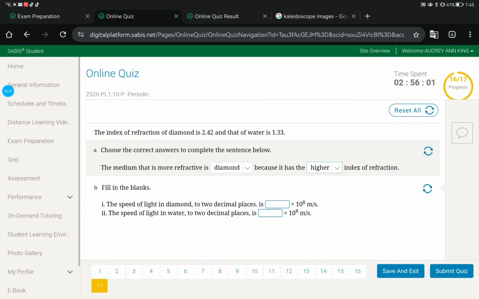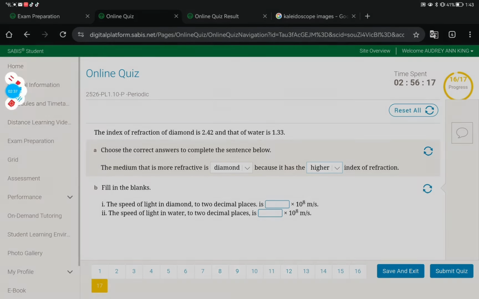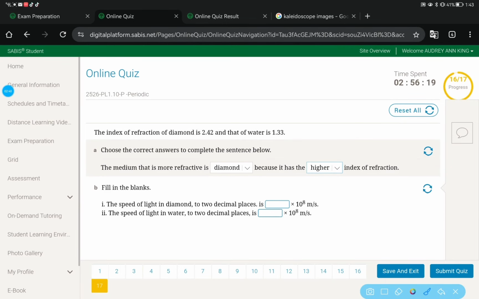The speed of light in diamond to 2 decimal places is blank times 10 to the power of 8. So we're going to use the formula which I mentioned before. The index of refraction is 2.42, which equals 3 times 10 to the power of 8 over v.